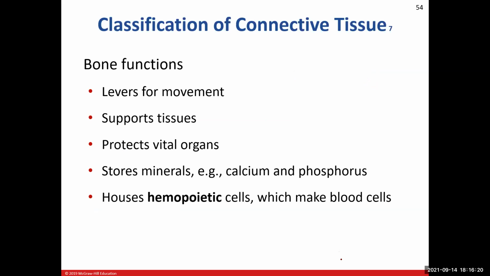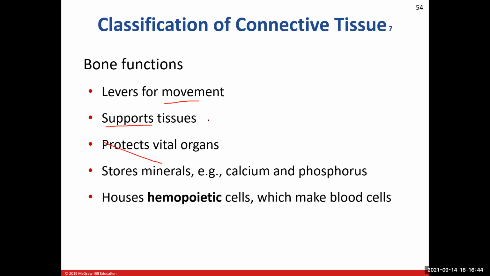So a couple of functions of bone, obviously you could already assume this from what you know, right, through observation, but it's where, all right, the bone allows us to have movement because that's where the skeletal muscles attach to. So it allows for movement, all right. It's also going to offer support to some of the tissues that are involved, right?